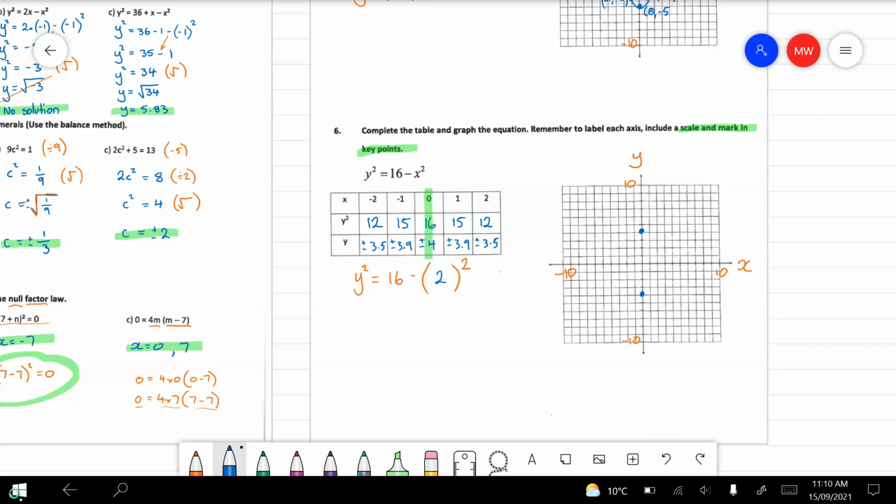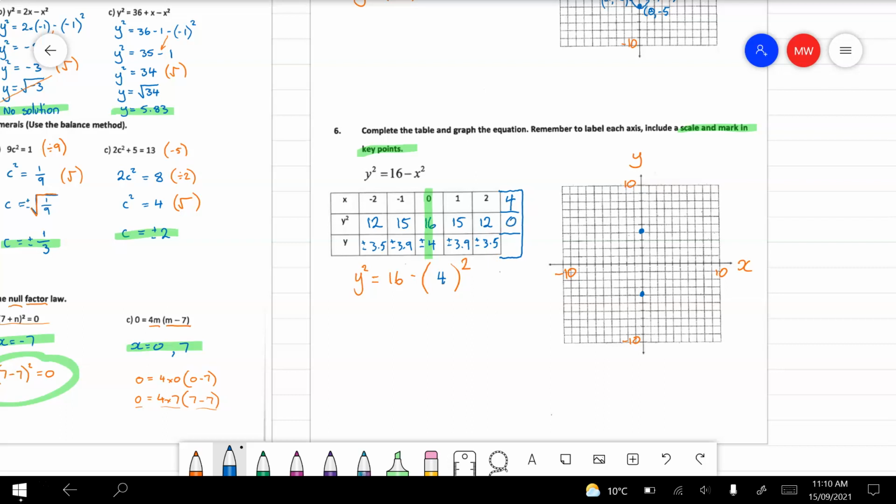I'm going to add another box to our table over here, and I'm going to test what happens when x is 4. Okay, so if I put that into our equation in my calculator, 4 squared is 16, so 16 minus 16 is nothing. Fantastic.